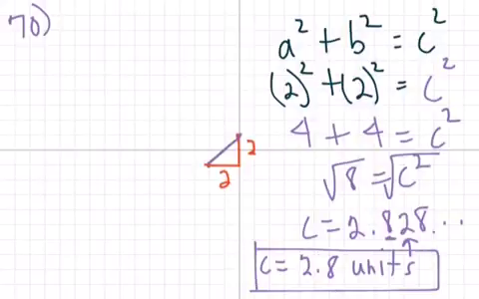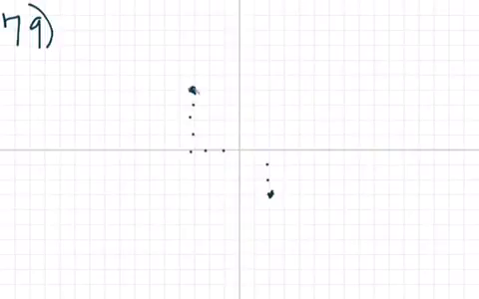And the last problem on the review that we need to look at is problem number 79. Number 79 has the point -3, 4, and 2, -3. And there's our point that we're looking for.